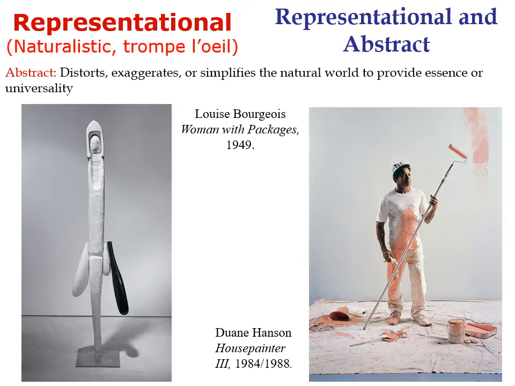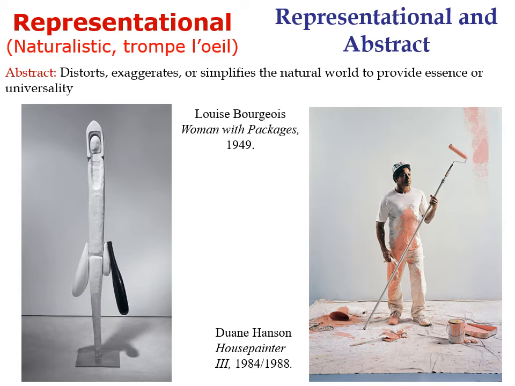So looking at style, there are a couple of different things to think about and look at with art and learning: the language, essentially, how do we describe these pieces? So what we have is representational art.